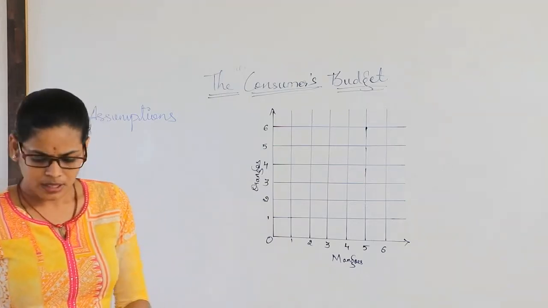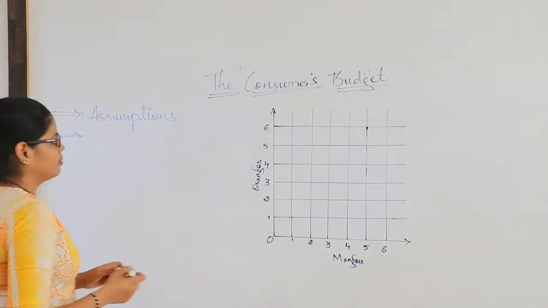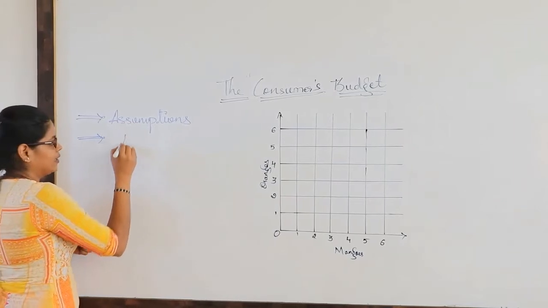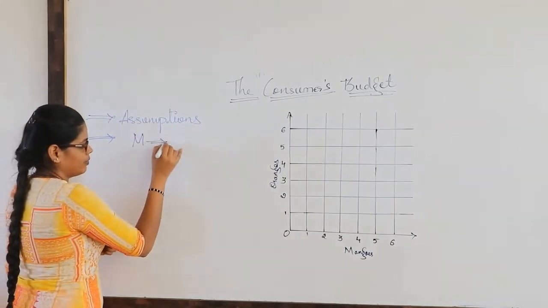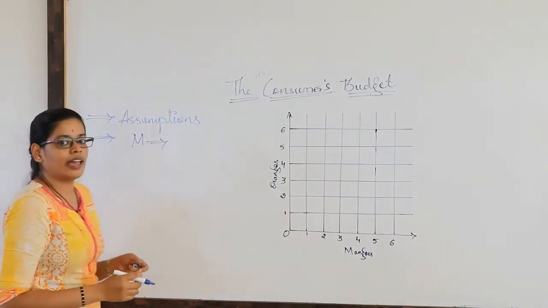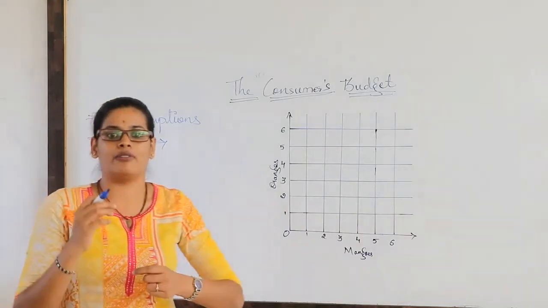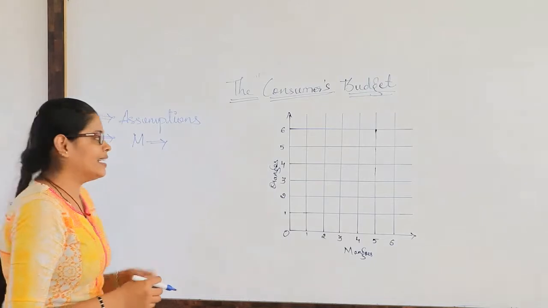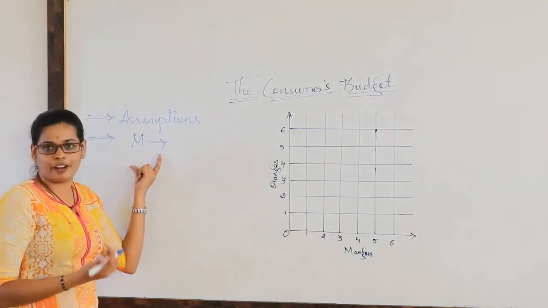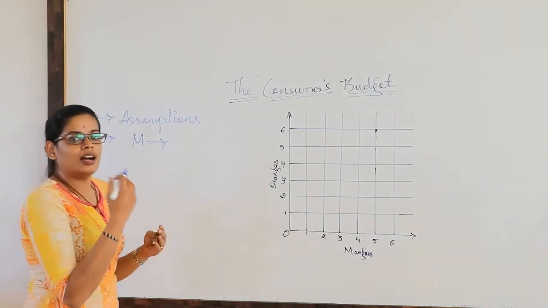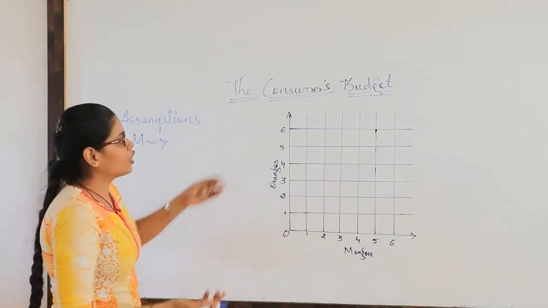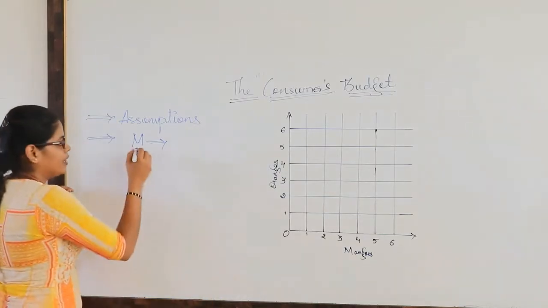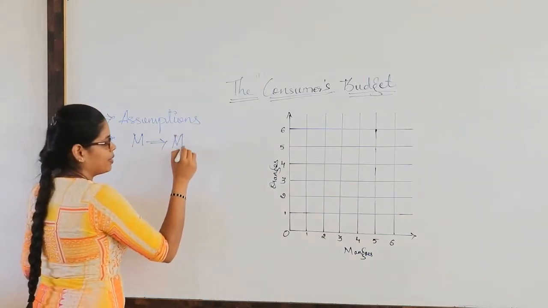Let's understand what M is. They have given M, and they have called some P1, X1, P2, X2, right? So let's understand what these codes refer to, and then we can talk in detail. M refers to the money.